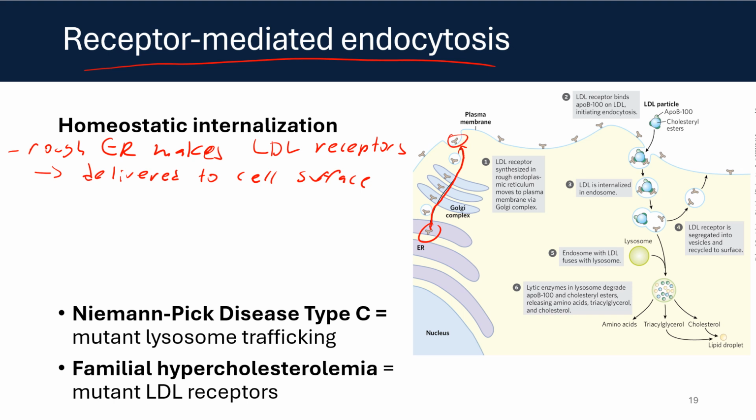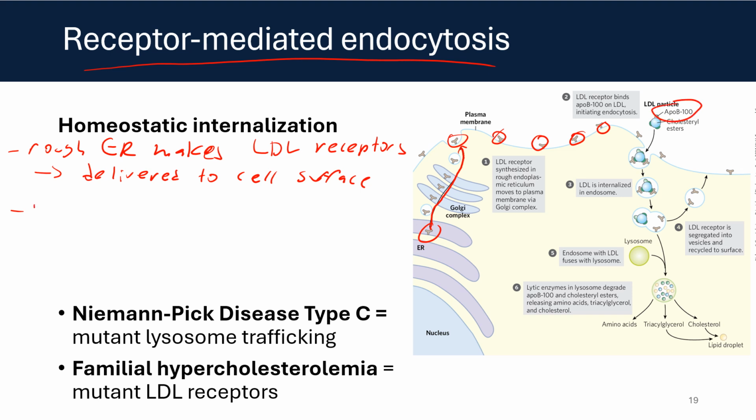Once we have our LDL receptors on the outside, they are going to be on the lookout for any LDL particles swimming by. And we are going to catch, grab, and reel them in by the ApoB100 lipoprotein.